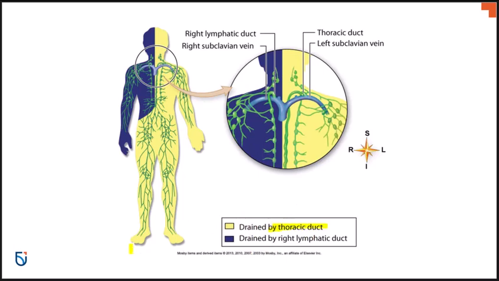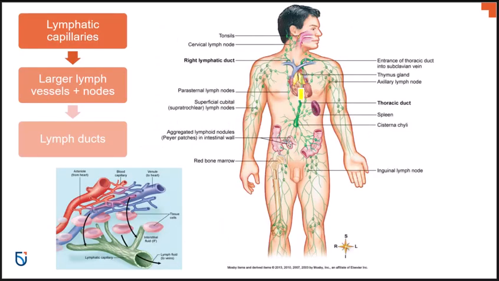Now, what that means is that all of this part of the body and all the lymph that's present, the fluid that's present within these green vessels, are going to drain into the thoracic duct, which starts, you can see it's shown here, but travels up here.